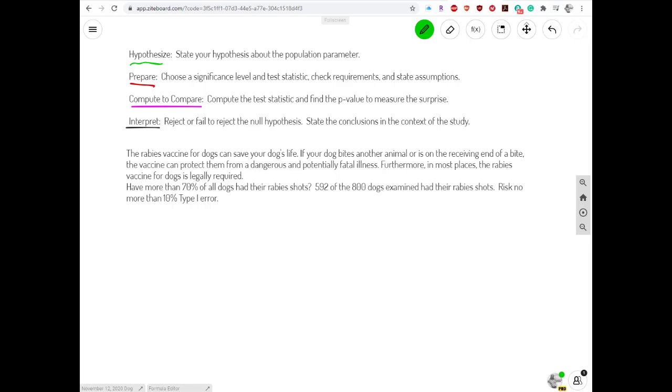Okay, so the first step, as we know, is the hypotheses. The null hypothesis and the alternate hypothesis need to be written. The null hypothesis is the status quo. So if nothing changes, what do we expect to see in the population? As we can find from this question, they're assuming that the population is about 70% compliant with dog vaccinations.